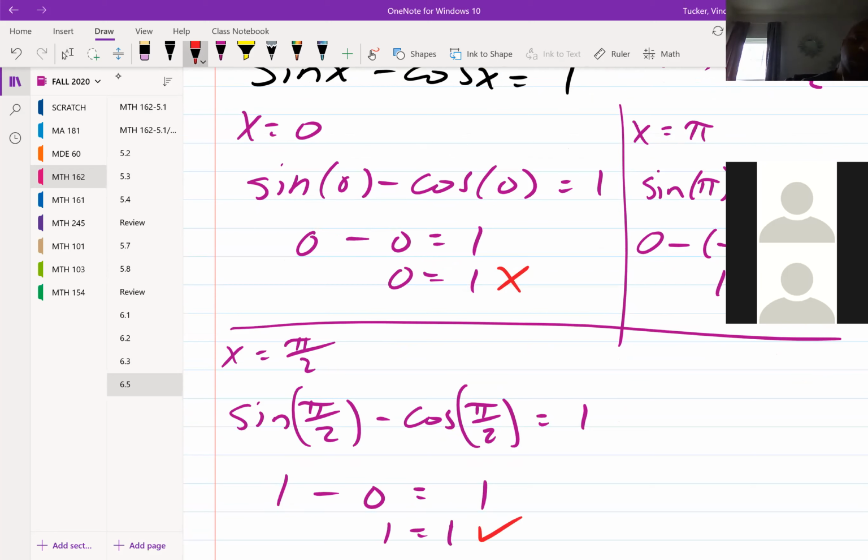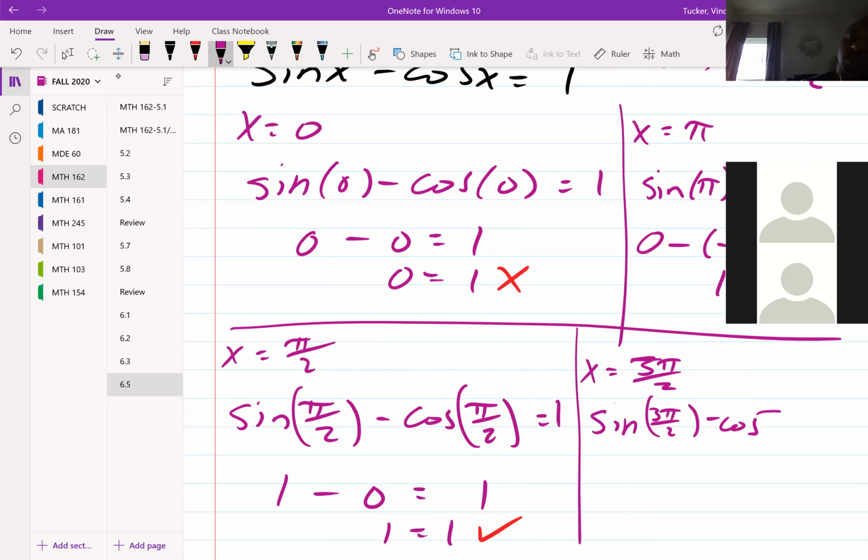So that one works, and the other one probably will not. Yep, negative 1 minus 0, 1.